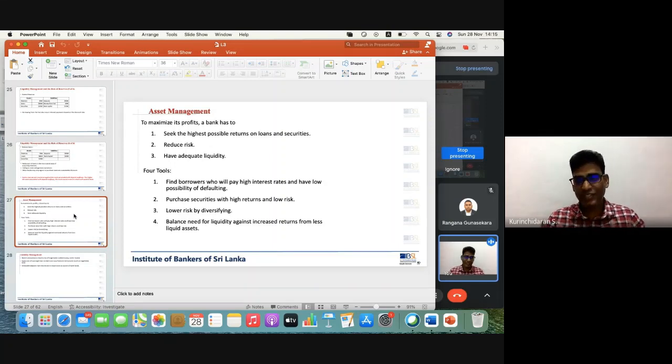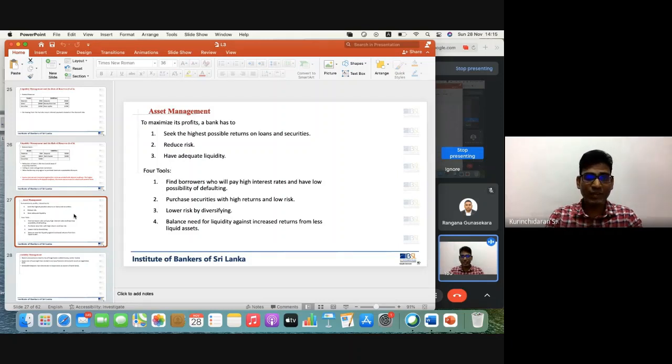So it's a contradiction, right? If you put all together, if you expect the highest return, that means high risk. If you expect the highest return, then most probably low liquidity.